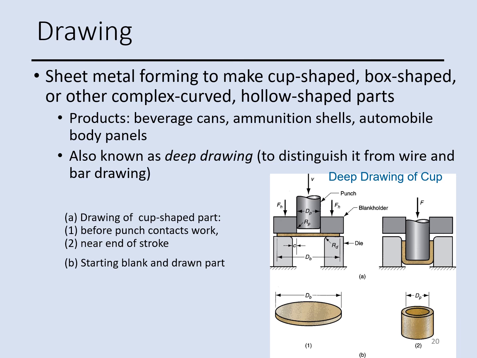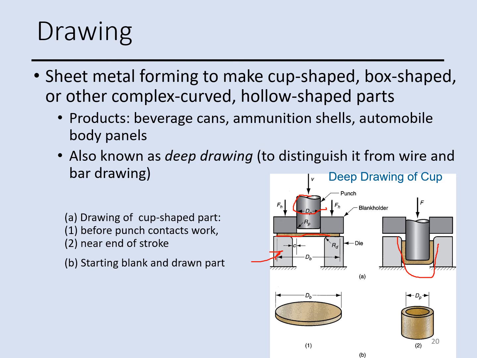As you see in this picture, we have a blank, this part, and then we have a punch, this part, that pushes the metal into the opening. And here is the final part.